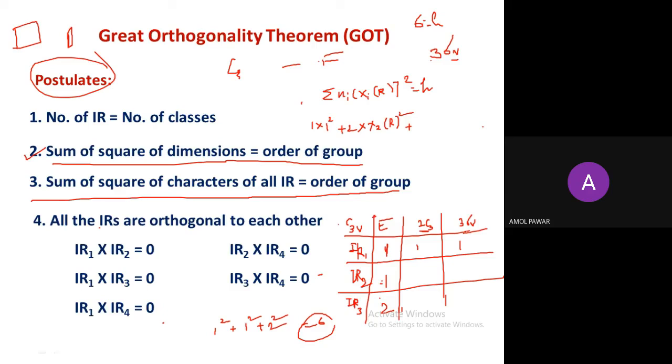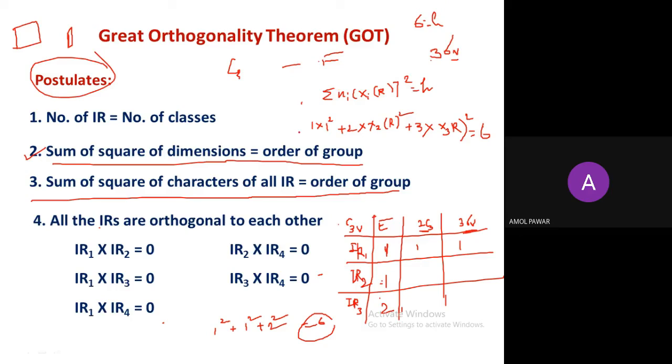Now 3 is the coefficient of this class. 3 into the character 3 of the irreducible representation squared is equal to 6.